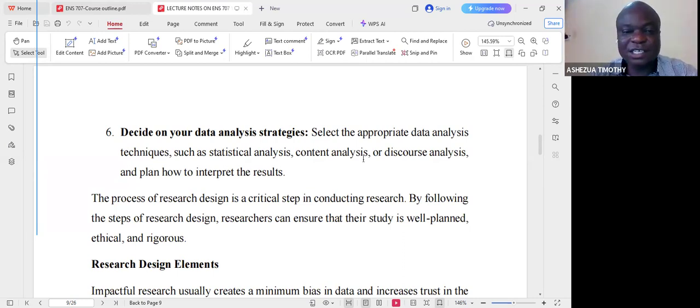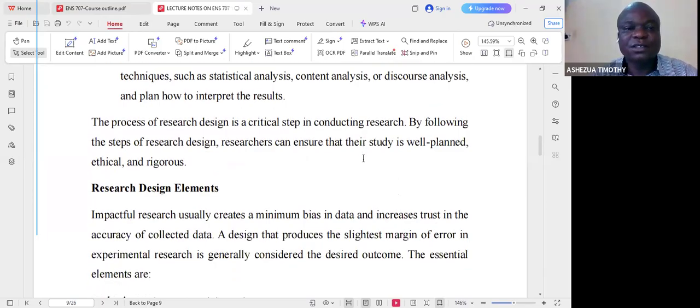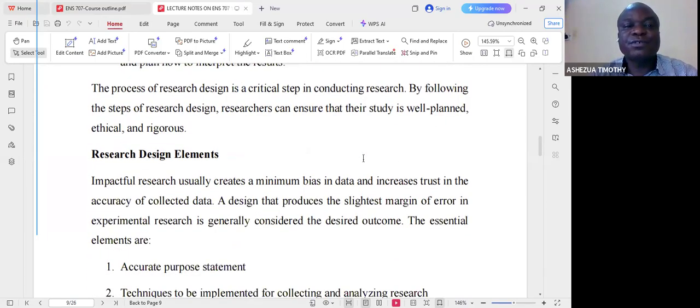Now, research design elements. Impactful research usually creates a minimum bias in data and increases trust in the accuracy of data collected. A design that produces the slightest margin of error in experimental design is generally considered the desired outcome.